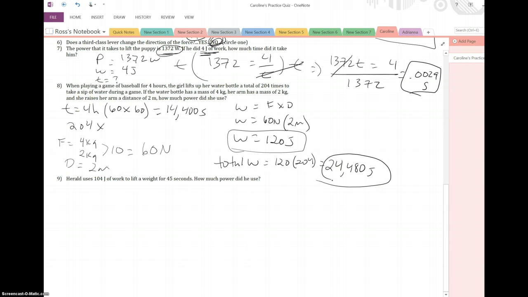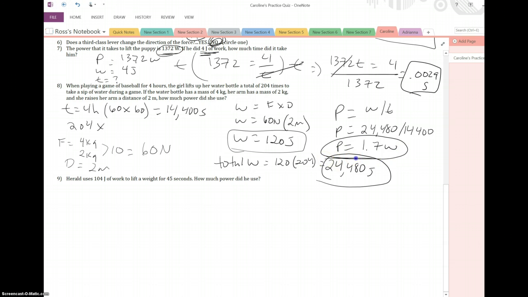Now, to calculate her power, though, power is work divided by time. Power will equal 24,480 divided by 14,400. So close that those could have gone into each other nice and easily. Power will equal 1.7 watts.